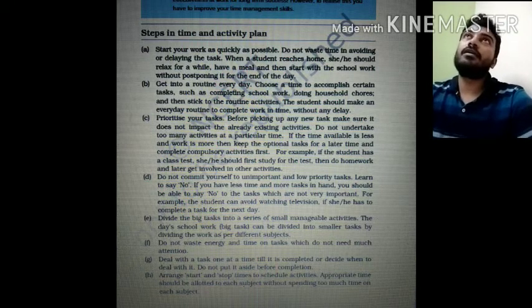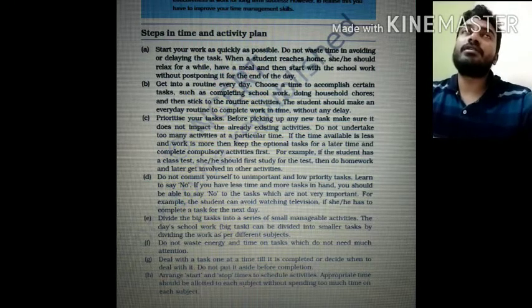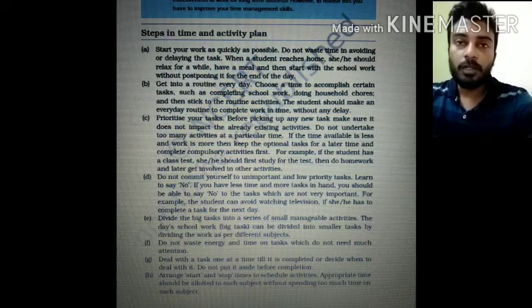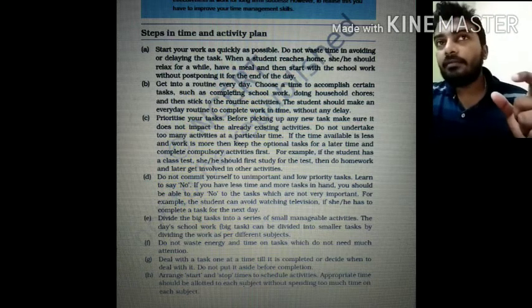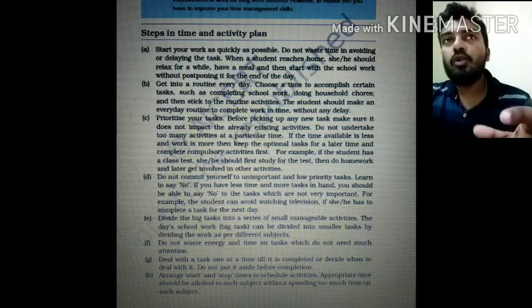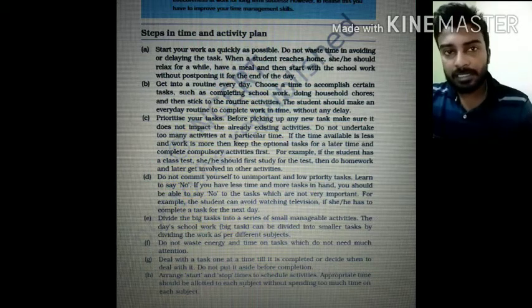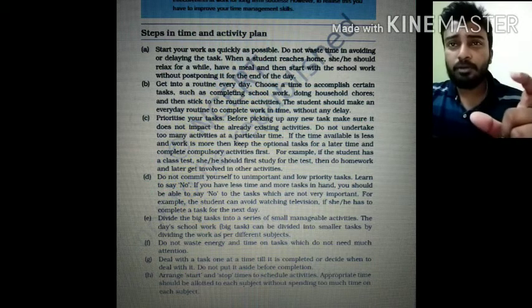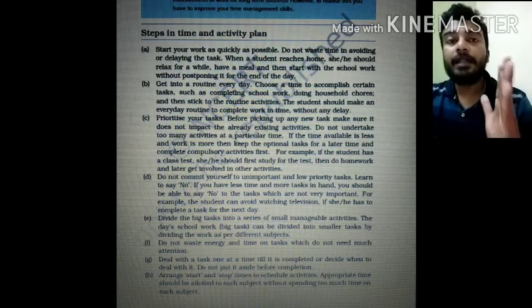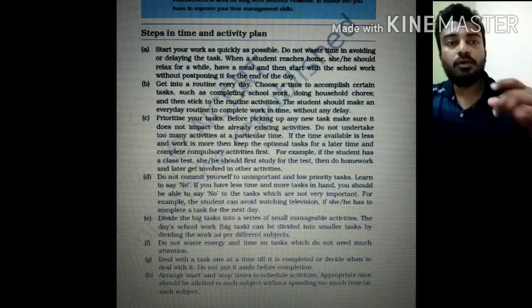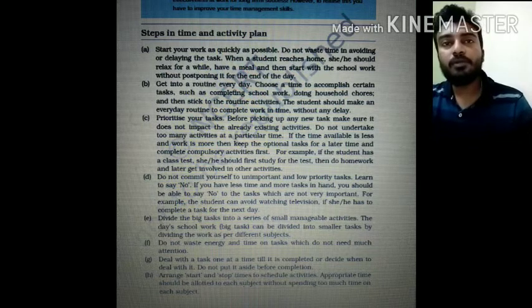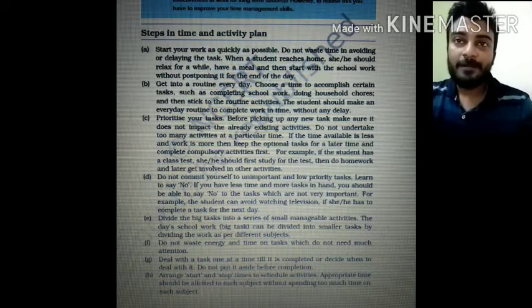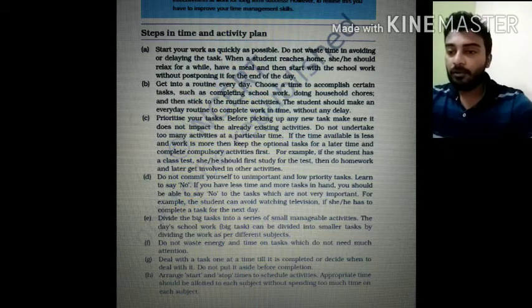Suppose a lot of homework is given from the school. By not doing the whole homework in a single day or a few hours, you can divide it. Some part I'll do in the morning, some part in the evening, some part at night before going to bed. This is how you can divide your schedule.